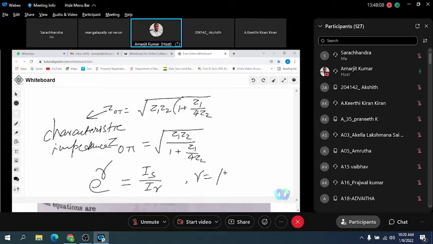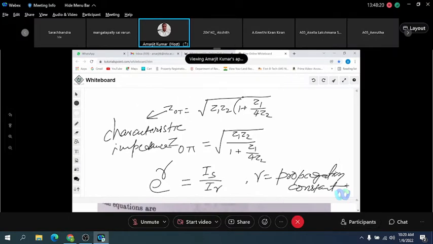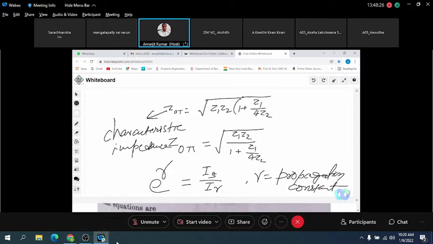So e to the power gamma is equal to I1 upon I2, that is, Is upon IR.